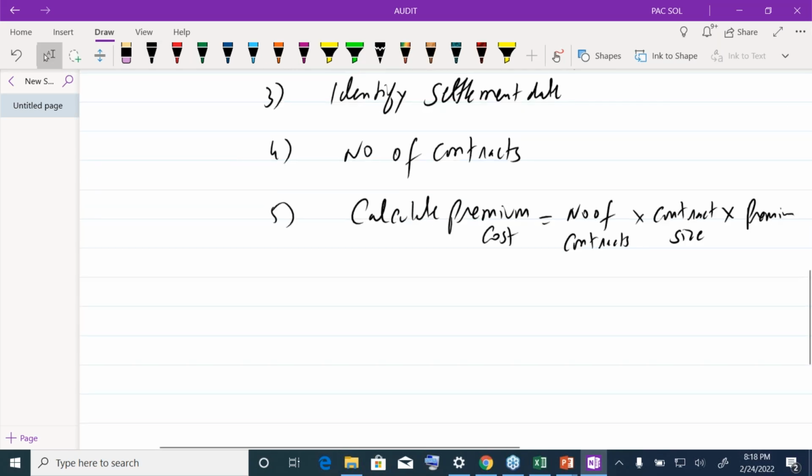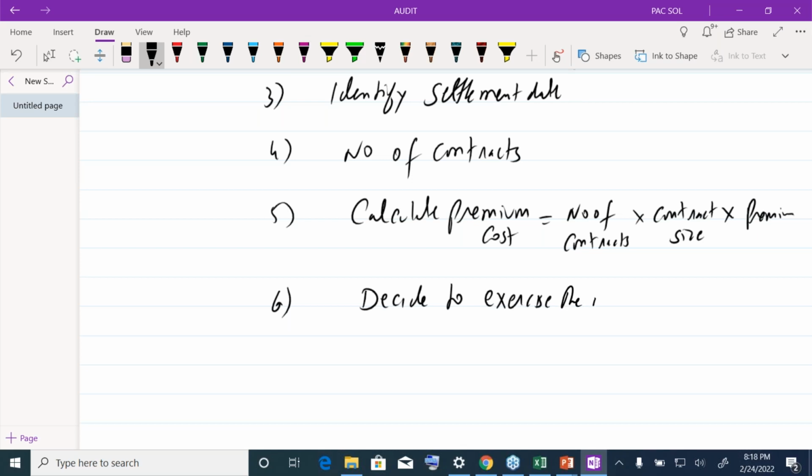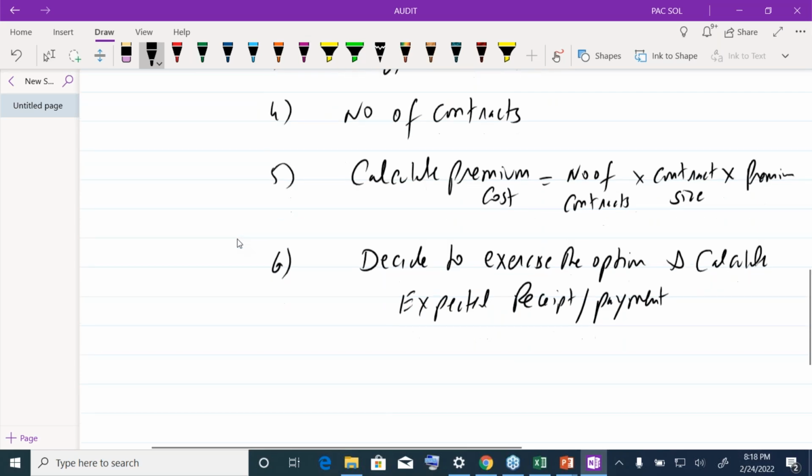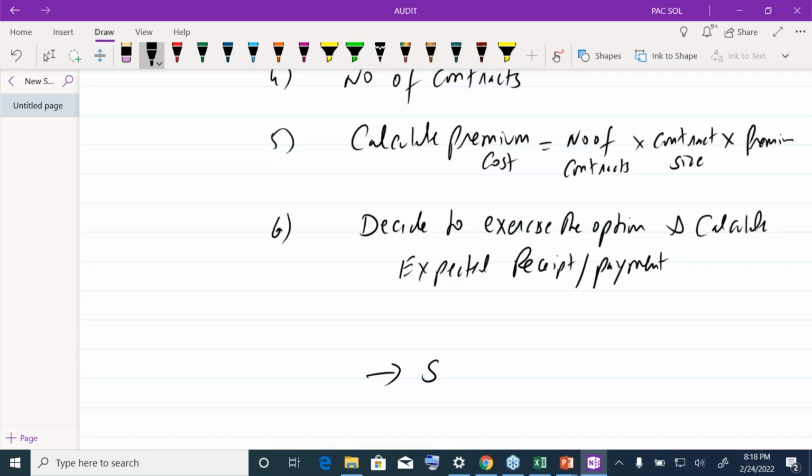And then you will decide whether to exercise the option and calculate the expected receipt or payment, and in working, you have to solve under working.